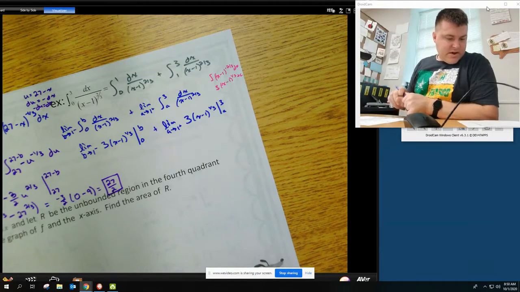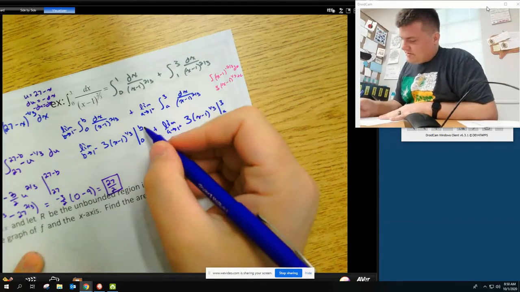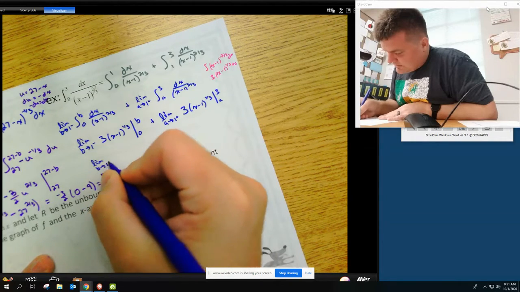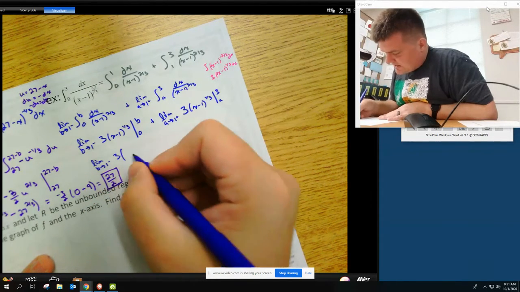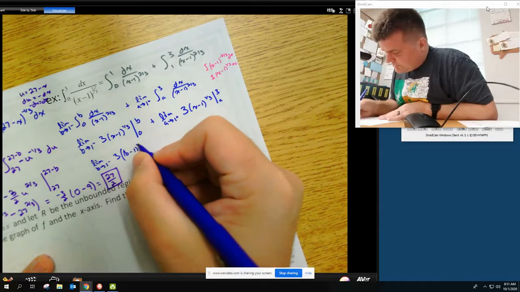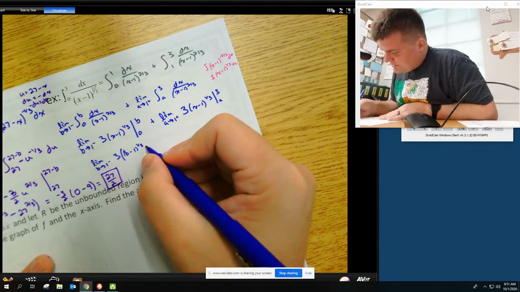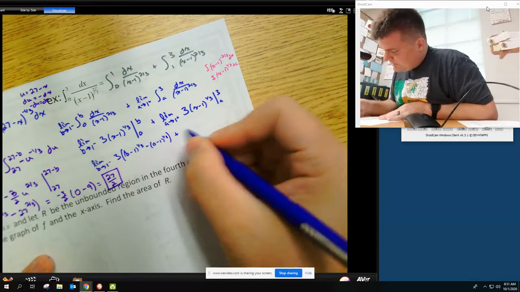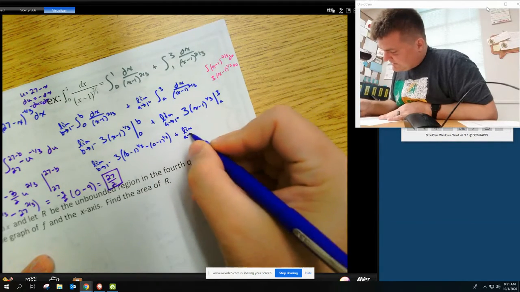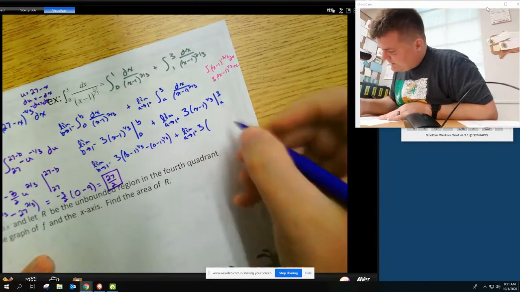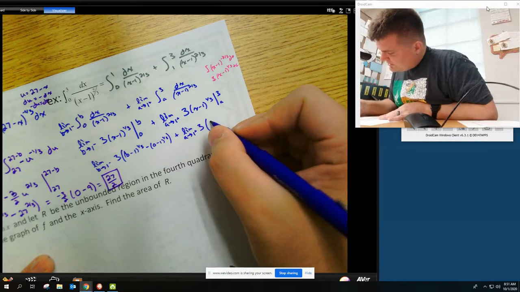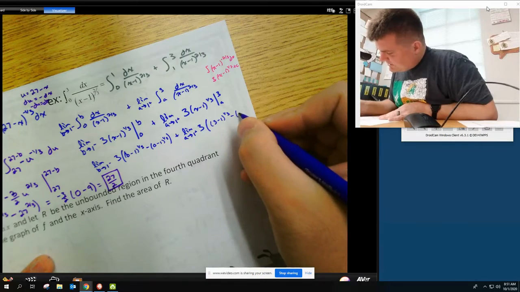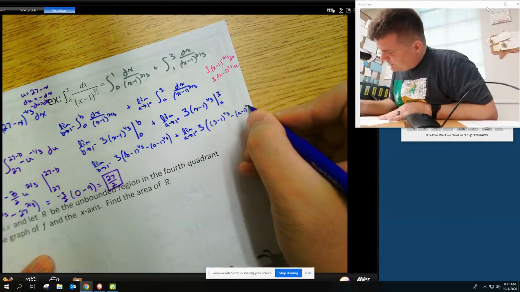Okay, now I'm looking like I'm in pretty good shape here because when I plug in my b, I get the limit as b approaches 1 from the left of 3 times b minus 1 to the 1/3 minus 3 times 0 minus 1 to the 1/3, plus the limit as a approaches 1 from the right of 3 times 3 minus 1 to the 1/3 minus 3 times a minus 1 to the 1/3.